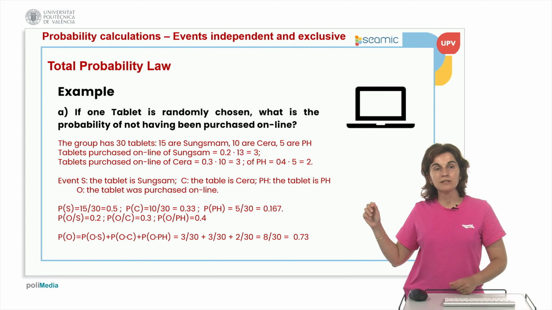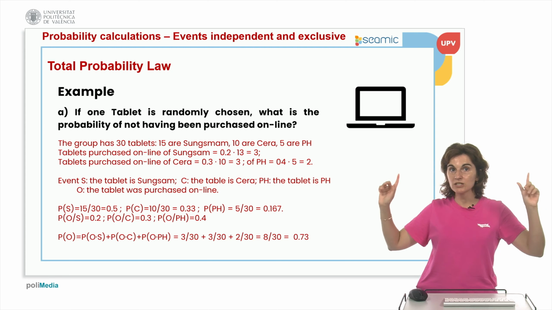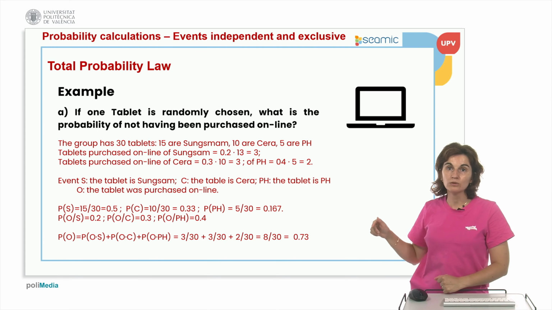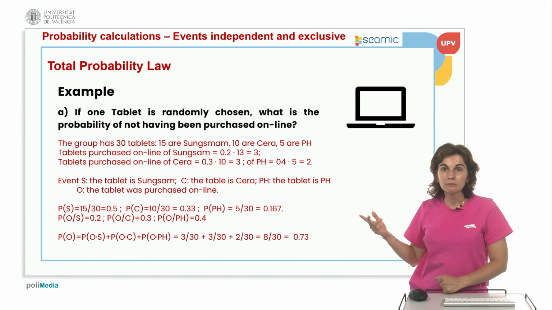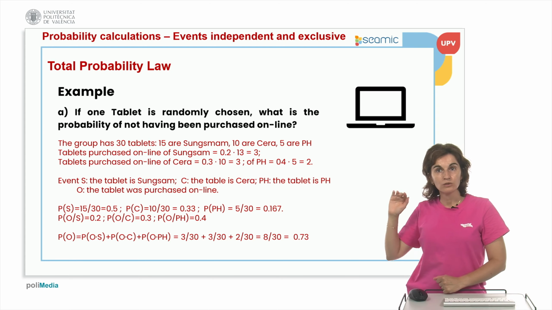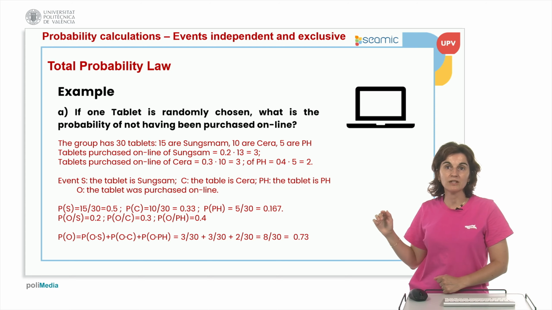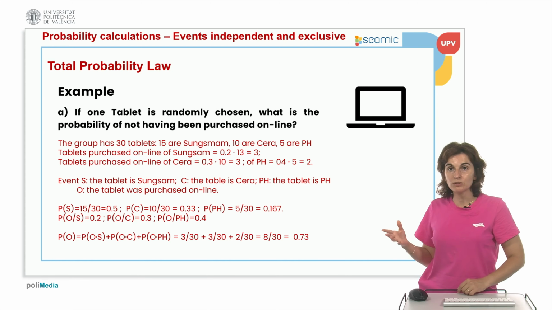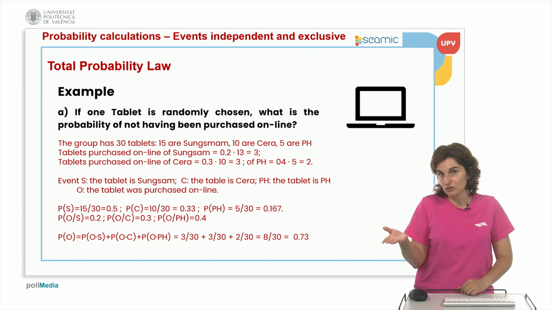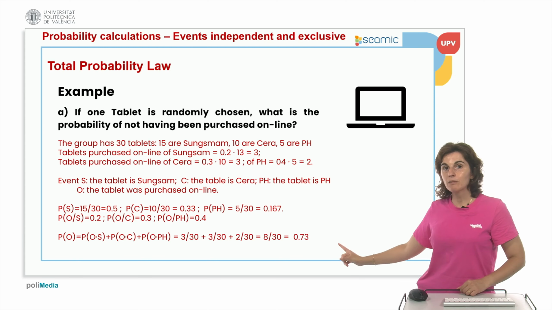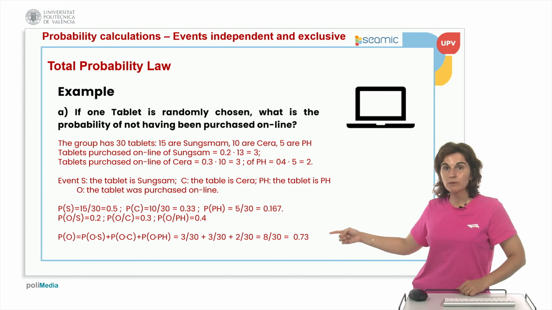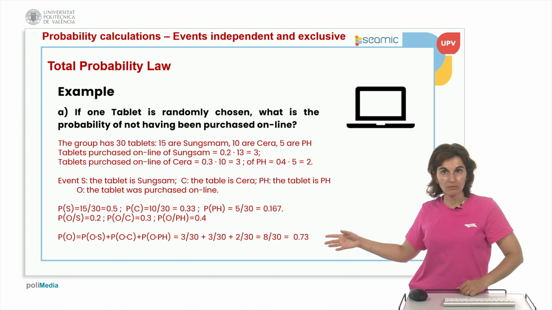To obtain the probability of not having purchased online, which is the question that we need to answer, you should compute the complement of O. That means the probability of no O, which would be the probability of O with the bar. And this is something you could compute, and I invite you to compute it because it's very easy. This probability of no O would be 1 minus 0.73. So it's going to be 0.27 or something.